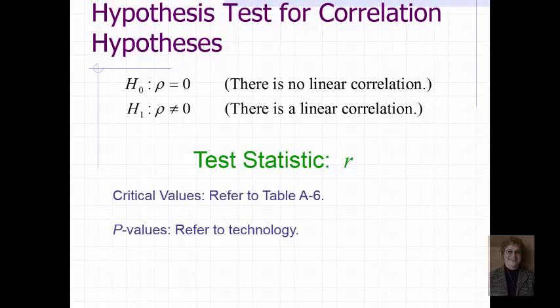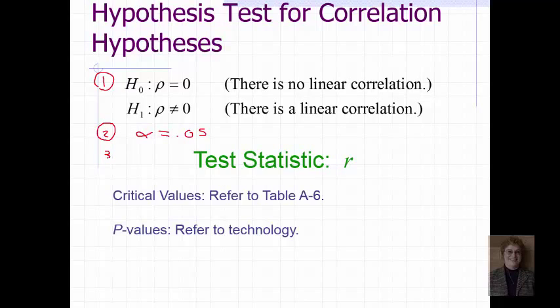And so then what we are going to do is look at this, and here is our step 1. We're going to set alpha equal to 0.05. Then we're going to calculate our test statistic r.